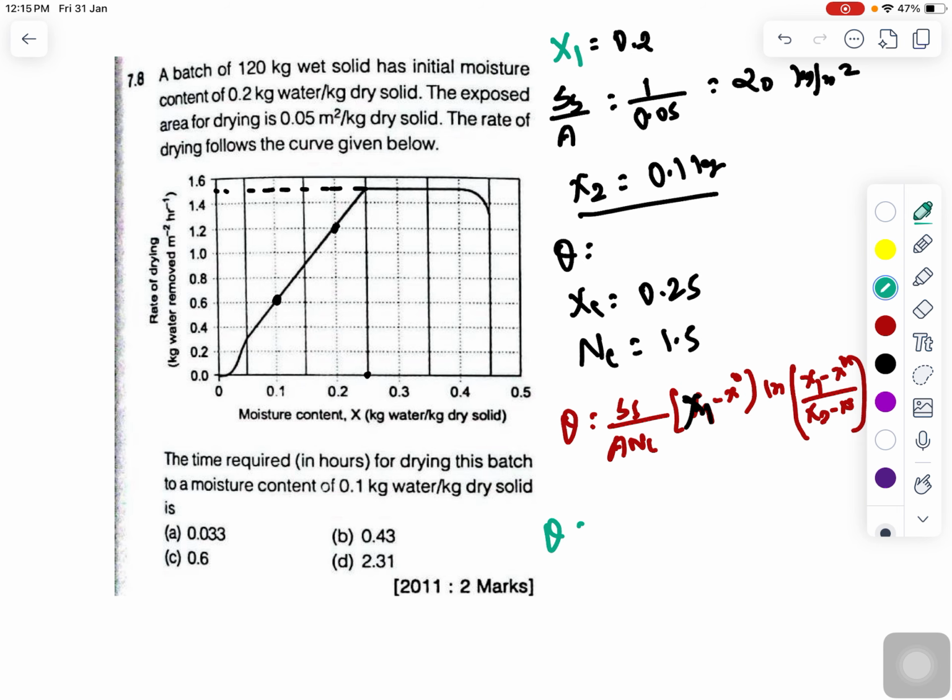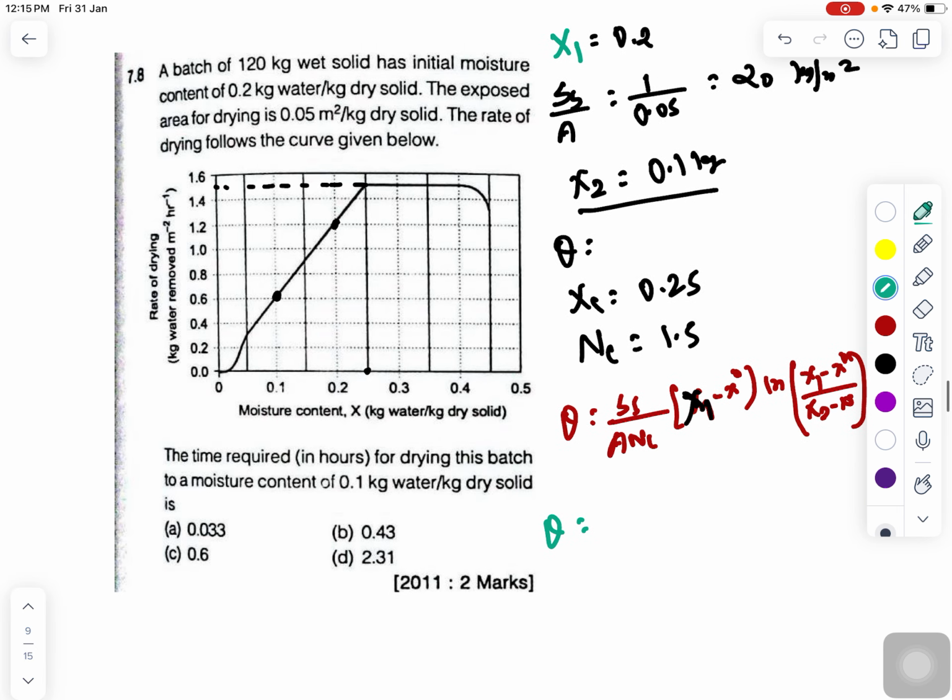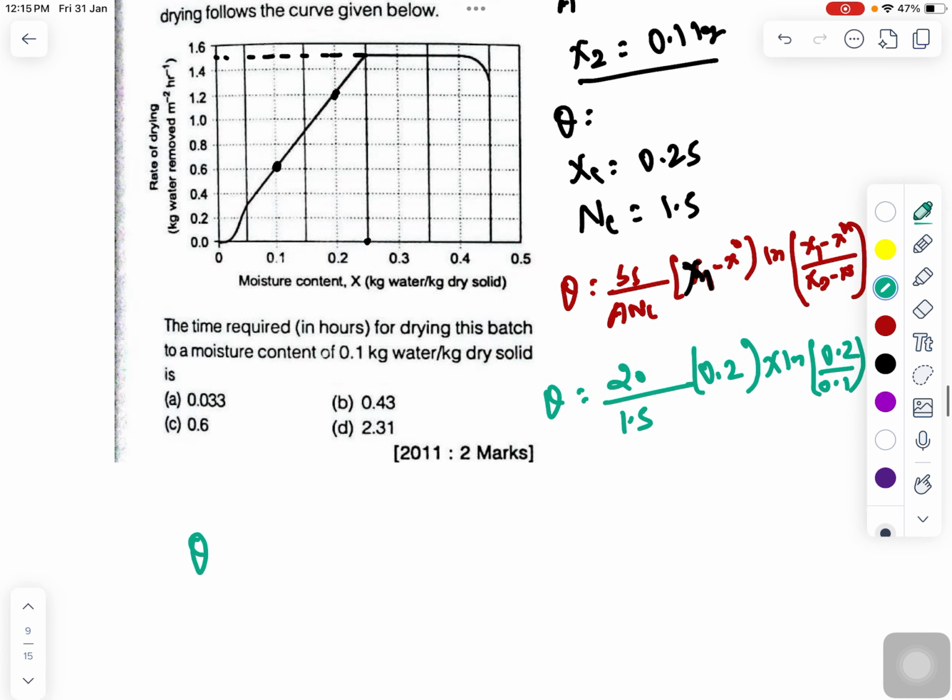Now you can write the value of theta. Ss by A is given as 20, and Nc is given as 1.5, and that will be in hours, and x1 is 0.2, and x star is 0. So multiplied with ln of 0.2 divided by 0.1. The value of theta you can get from here is 200 divided by 15 multiplied with 2 divided by 10 into ln 2.